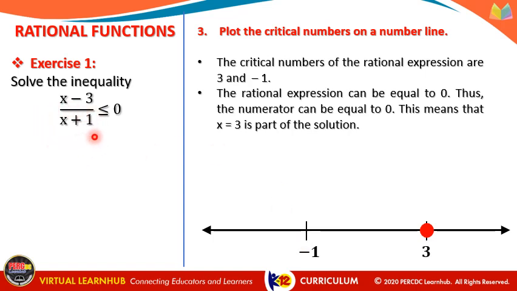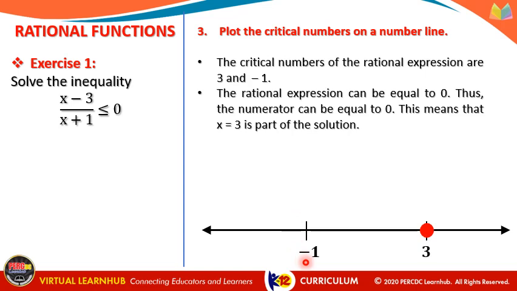Hindi ba magiging 0 yung denominator mo if x is negative 1? So, at x is negative 1, the denominator is 0. Ang problema, hindi pwede na maging 0 yung denominator, kaya hindi pwede na ang value ng x natin ay negative 1.